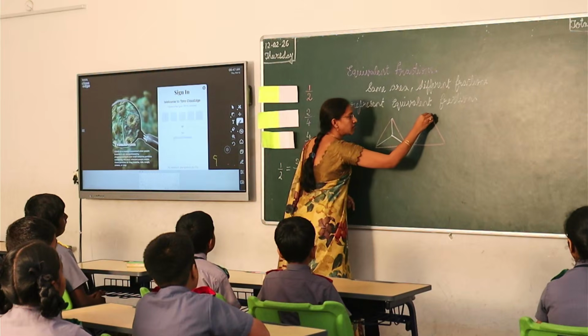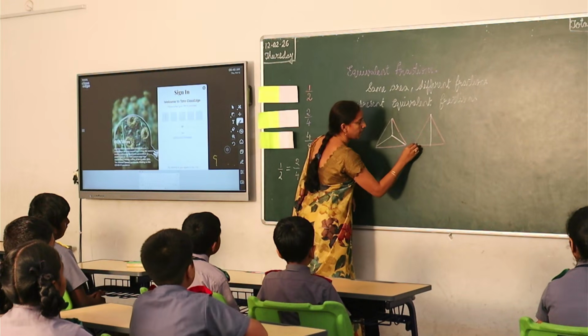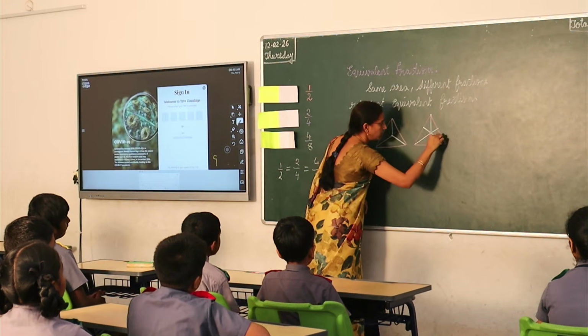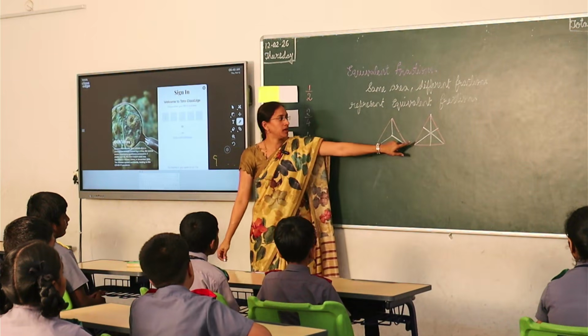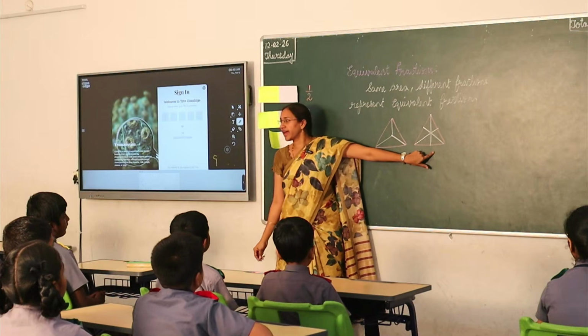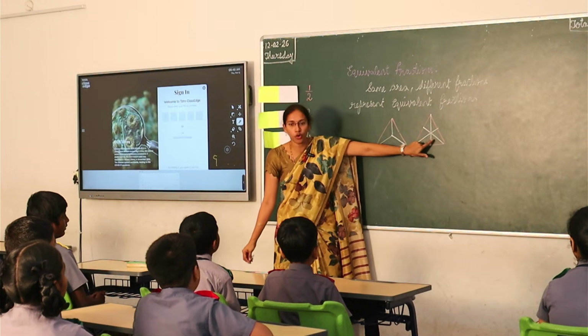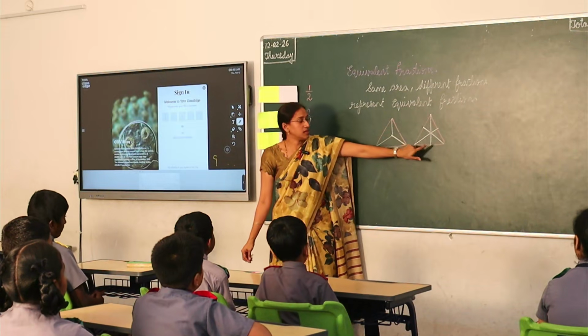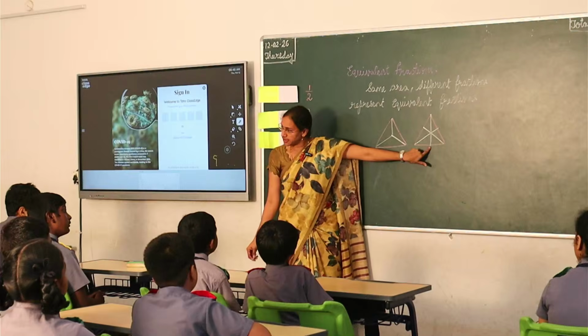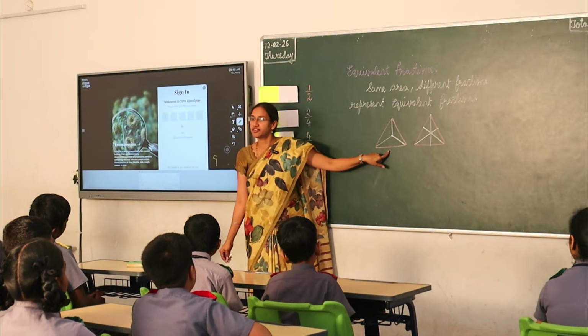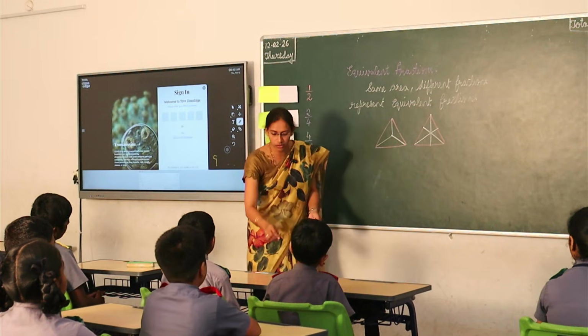When it comes to the second triangle, now tell me into how many parts is the second triangle divided? 1, 2, 3, 4, 5, 6. This is divided into 6 equal parts and the first triangle is divided into 3 equal parts.